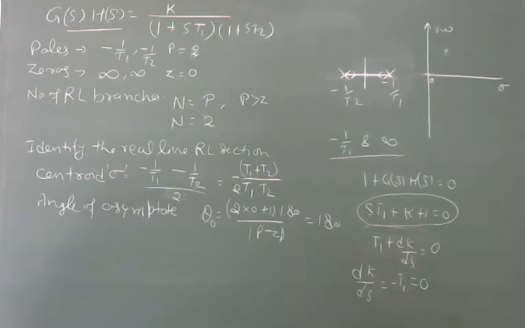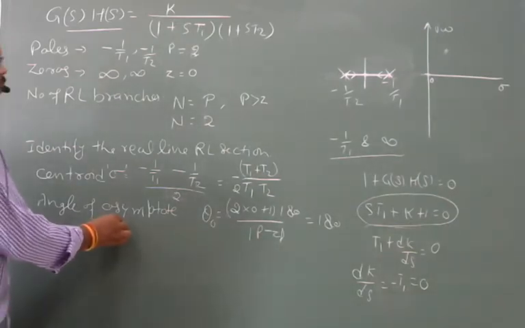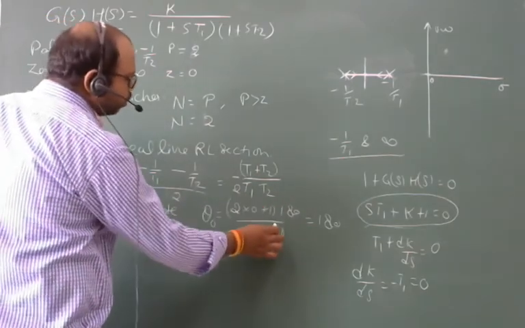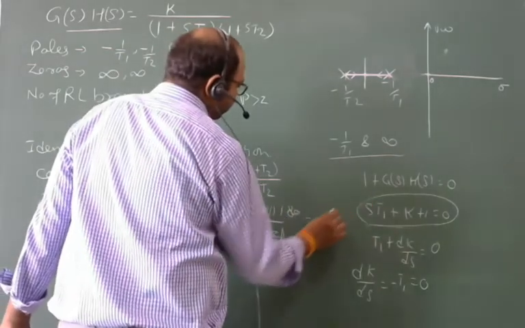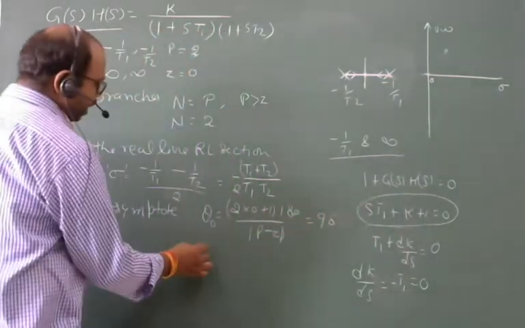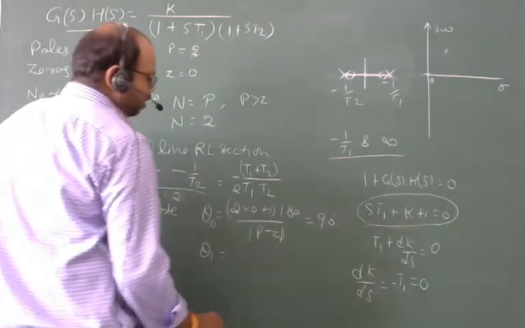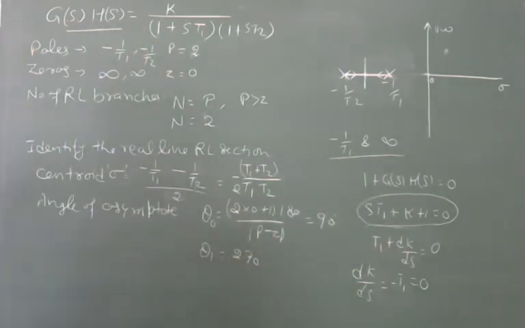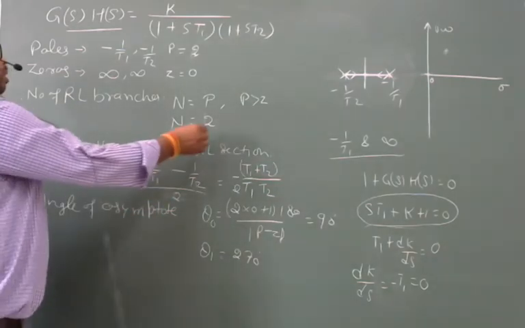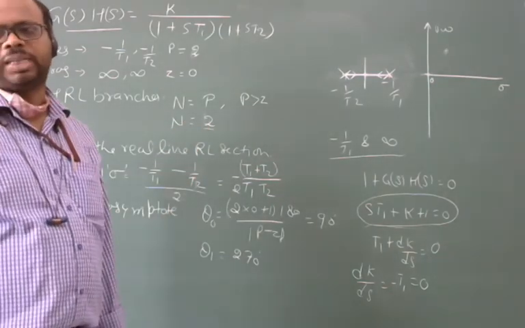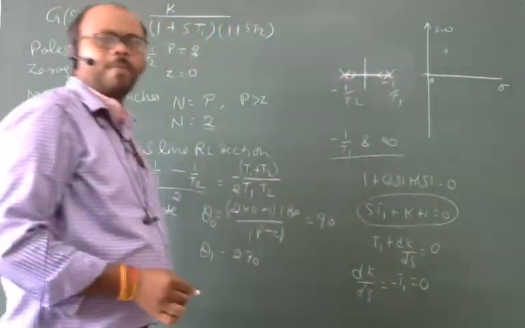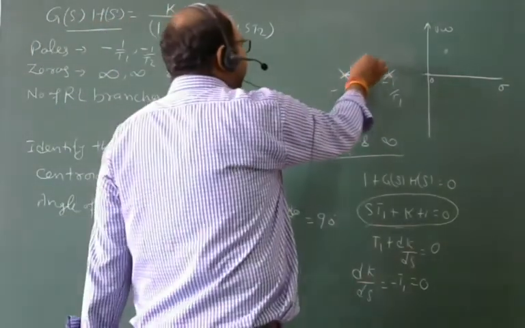And angle of asymptote will be theta 1 is equal to 180 by 2, which is 90 degree, and theta 2 will be 90 into 3, 270 degree, right? And since there are two branches, one will move from here, one will move from here, and from one point they will break.